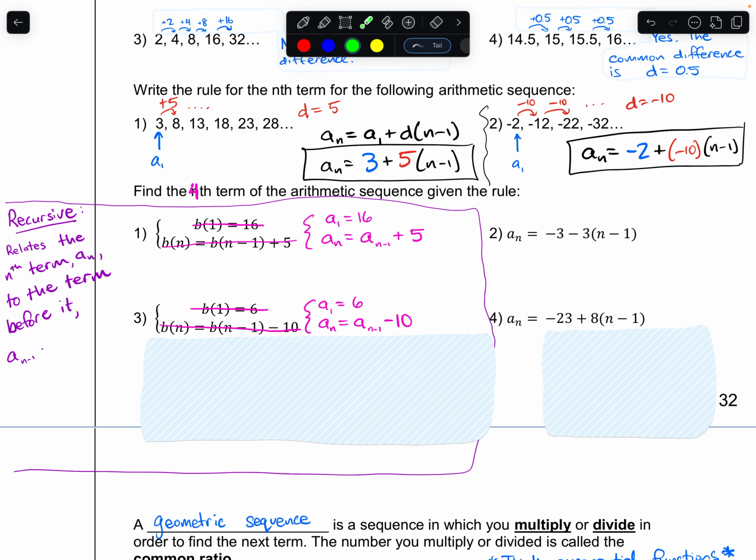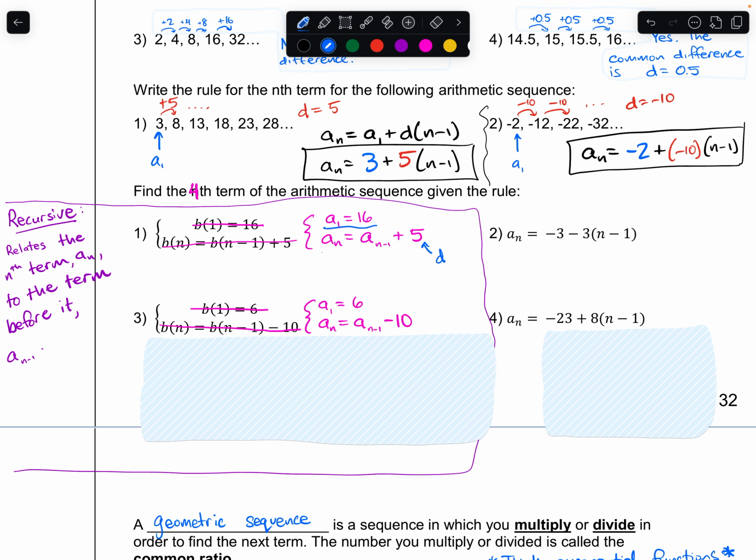So in number 1, it's telling us the first term is 16, and every term is equal to the term before it plus 5. So plus 5 is going to be our common difference, because every term is just the term before it plus 5.